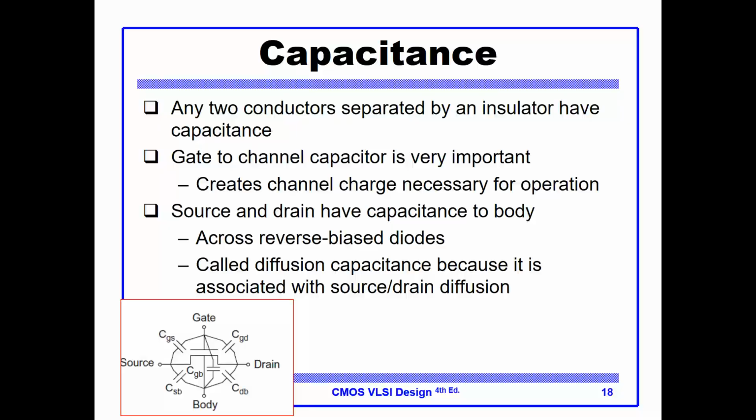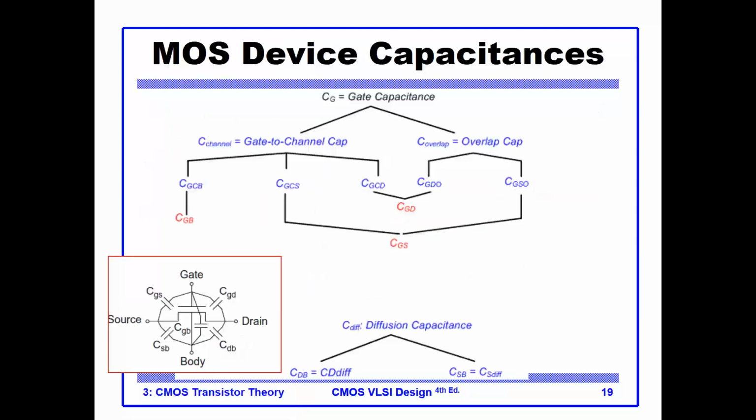We will discuss now the next part, which is the capacitance for the MOS transistor. If we look at the MOS transistor, it has two capacitances, gate capacitance and diffusion capacitance, and we will discuss every one of them separately.